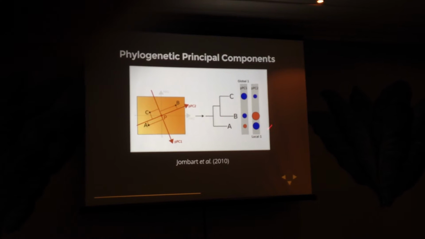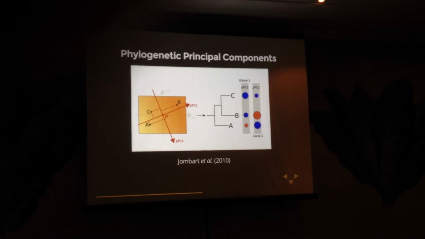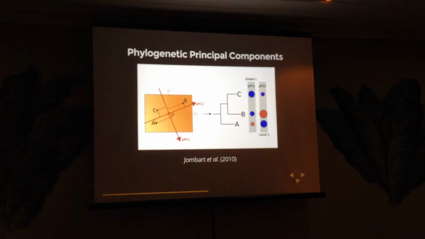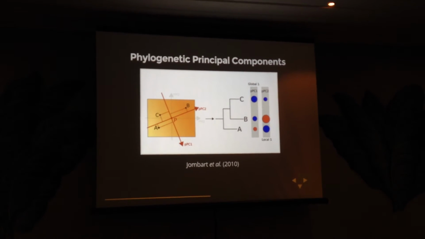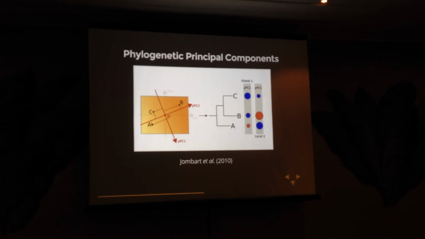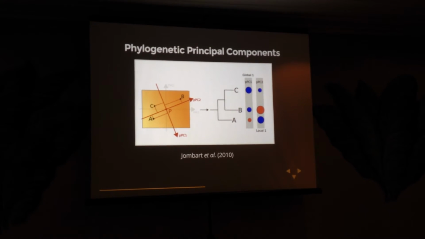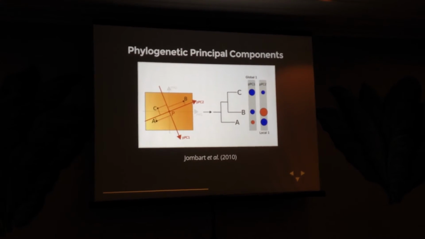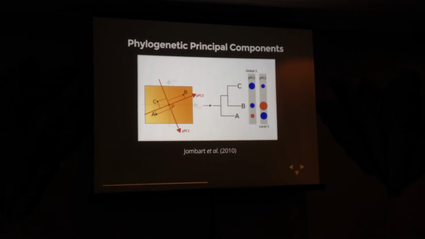So we have a set of global PCs that describe changes more skewed toward the root of the tree, and a set of local principal components which describe variation closer to the tip of the tree.